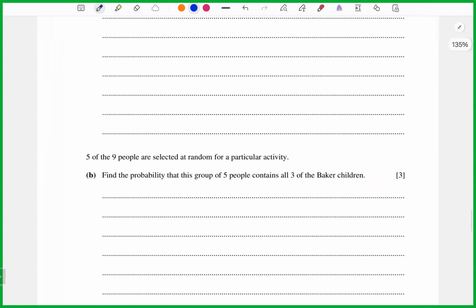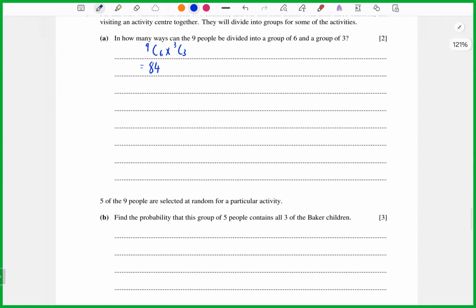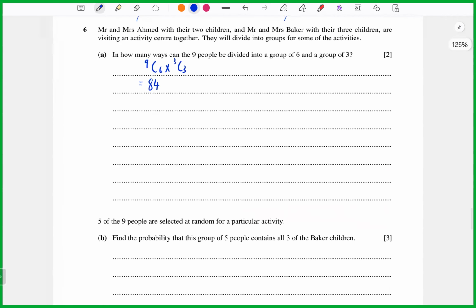And then we see the next question. 5 of the 9 people are selected at random for a particular activity. Find the probability that this group of 5 people contains 3 of Becker's children. So let's see. 5 over 9 selected.